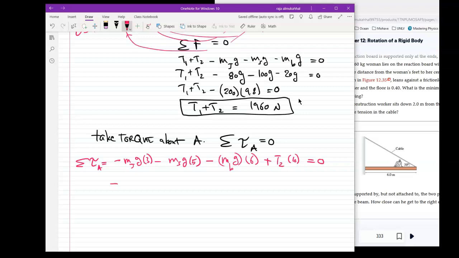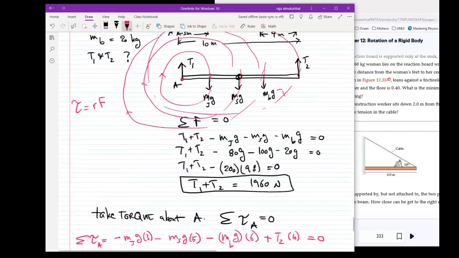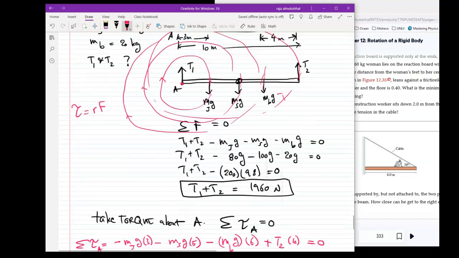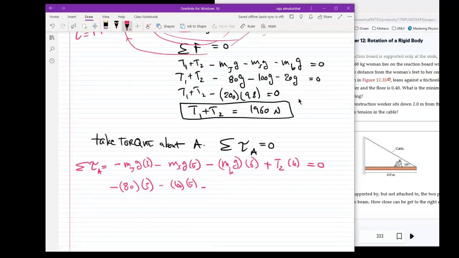So that's going to be minus 80 times 3. I'm going to take the G as a common factor, so bear with me. Minus M sub S, which is the scaffold, 100, so that's going to be 100 times 5, minus B, the bucket, I forgot what it is, 20, so 20 times 6, all of that times G, plus 10T2 equals 0.